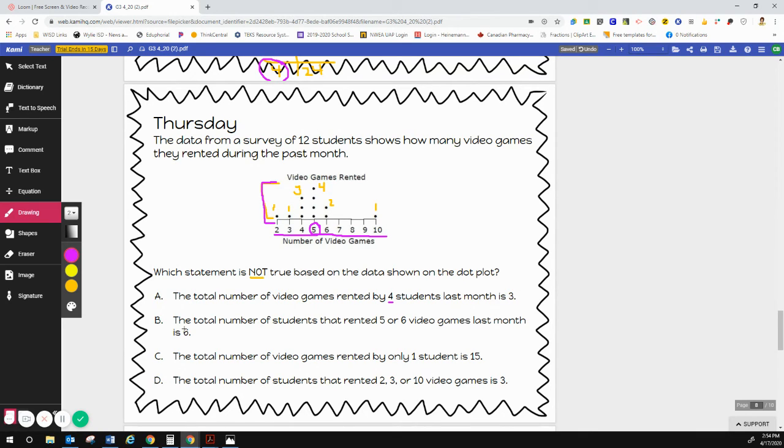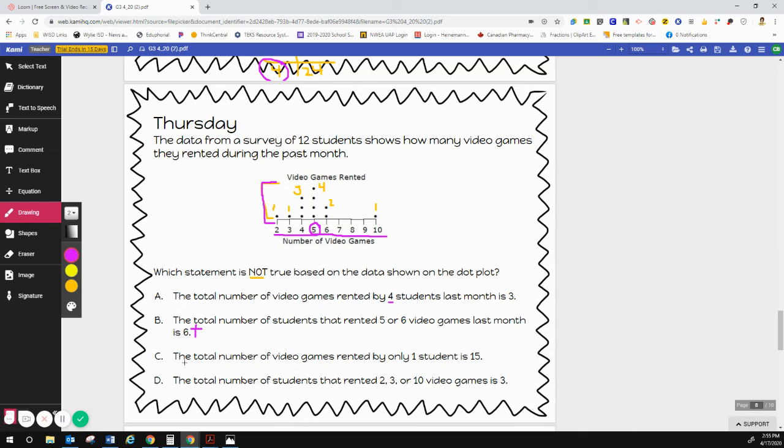Let's keep looking. The total number of students that rented 5 or 6 video games last month is 6. So when I look at that, 5 video games, 6 video games, we had 4 students and 2 students, so that's 6. So that's true. I'm going to put a little T right here.